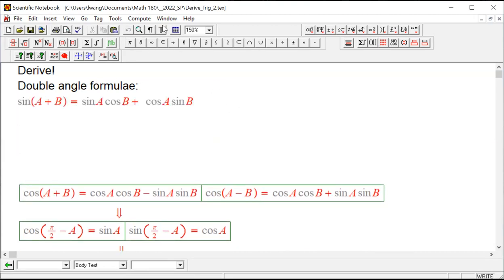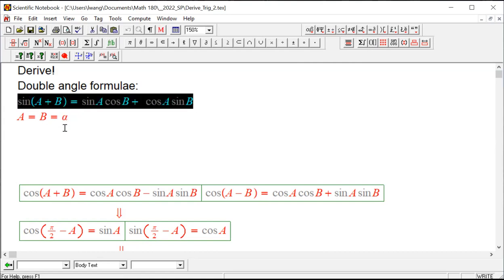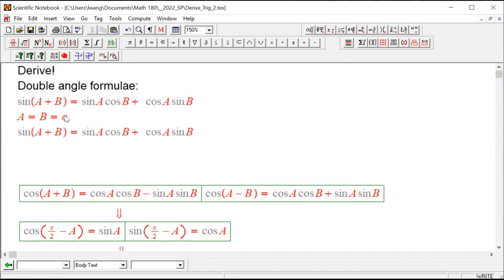According to the diagram, we set A equals B equals alpha. So we'll basically substitute A by alpha, B by alpha. So A and B are both replaced by alpha.